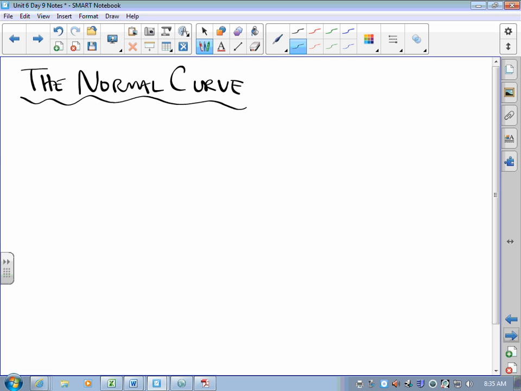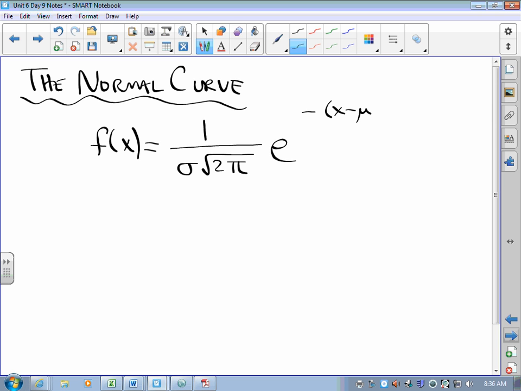The normal curve actually has an equation to it. The normal curve is of the form f of x equals 1 over sigma times radical 2 pi, e to the negative x minus mean squared over 2 sigma squared, where m is the mean and sigma is the population standard deviation.